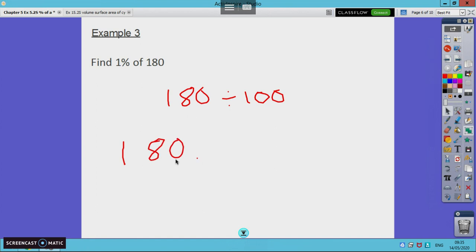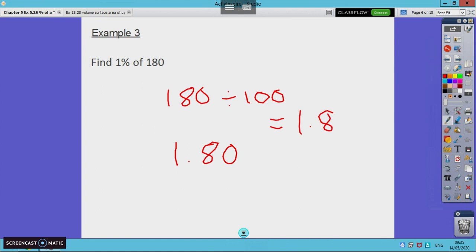So I'm going to move the 0, 1, 2. I'm going to move the 8, 1, 2. And I'm going to move the 1 up, 1, 2. And so our answer is 1.80, or just 1.8, because we don't need that 0 afterwards.